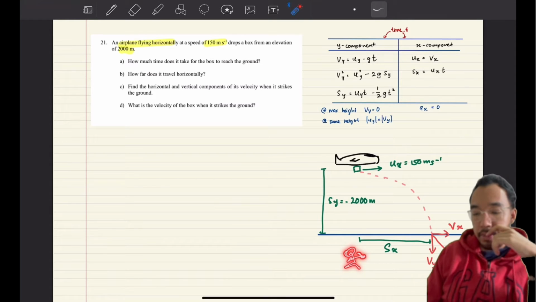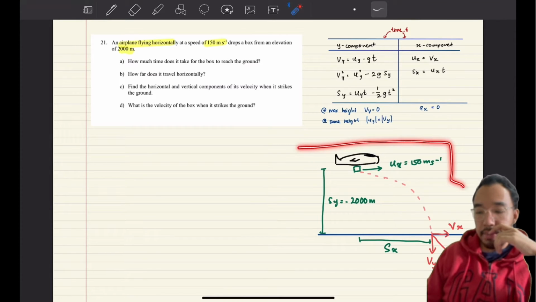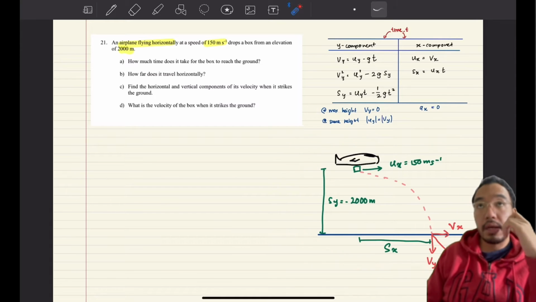You can see that this box will actually travel forwards, initially with the same velocity as the airplane itself, and then it goes forward and drops at a certain position. So here they give you the height of 2000 meter. You can imagine something similar to releasing an object from inside a car.